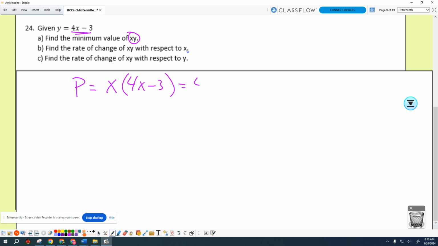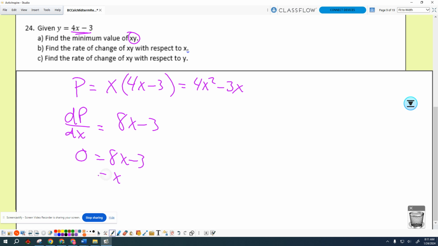So, you said this is 4x squared minus 3x. How do I find maxes and mins? I have to do the derivative and look for the zeros. Where is it undefined? Nowhere. So the only critical point is when x equals 3/8. Do I have the answer? No. What do I have to do? Number line.